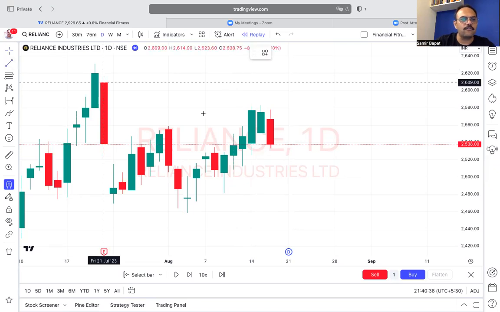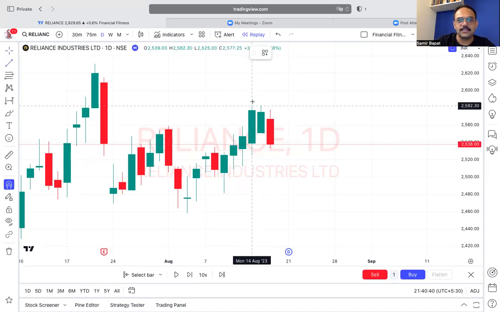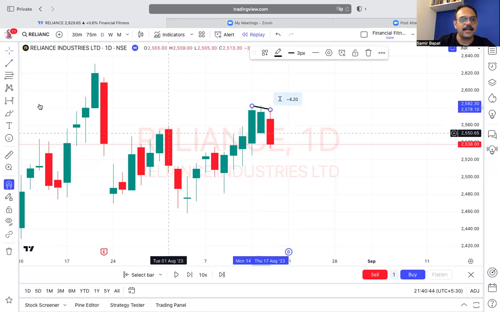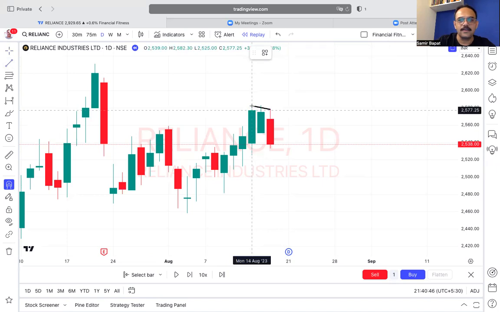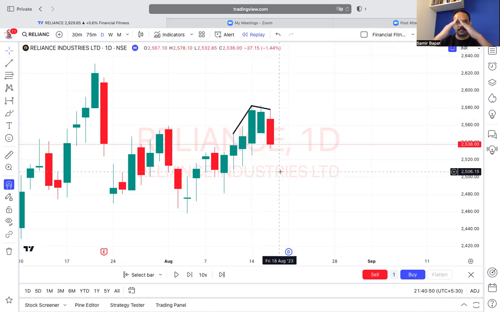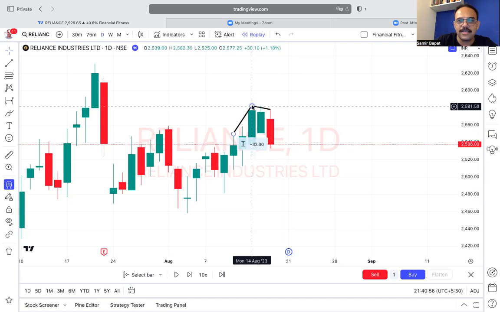If you want to visualize it, if I join this high like this, this central candle's high is the highest point. Clear? So this highest point is my pivot high. I'll always take the measurement of this level.